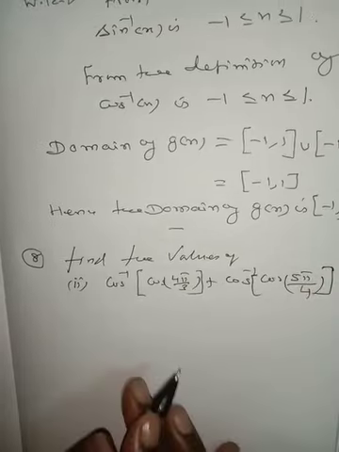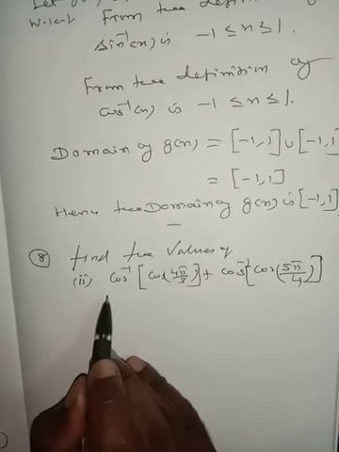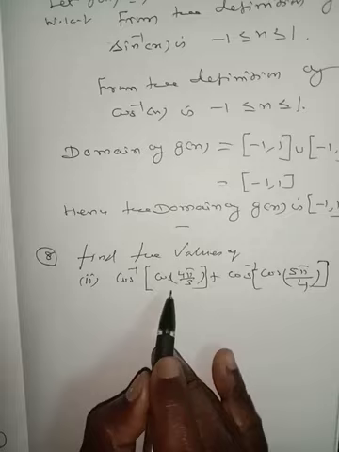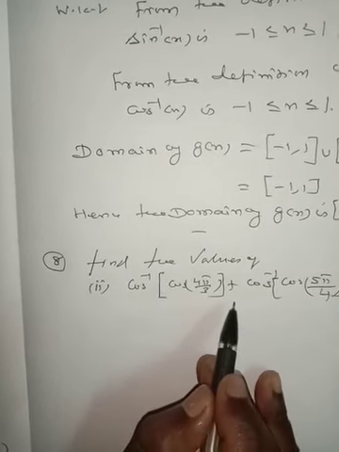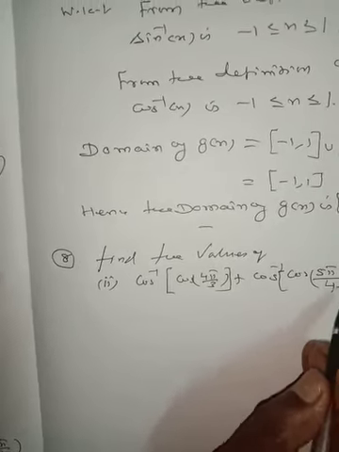Question is find the values of cos inverse of cos 4 pi by 3 plus cos inverse of cos 5 pi by 4.